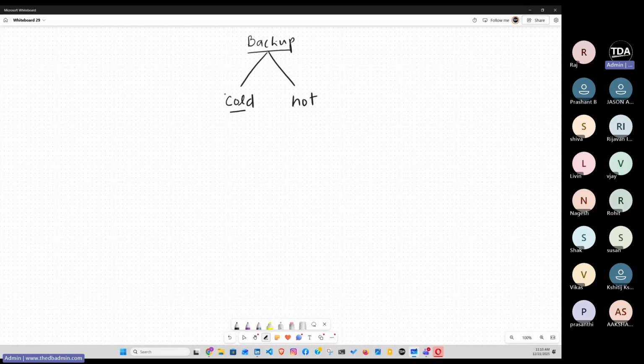And then whatever backup I take, I call it cold backup. When your database is up and transactions keep happening, and you are taking the backup, that backup is considered to be hot backup. So this is one of the core concepts: cold backup, hot backup.